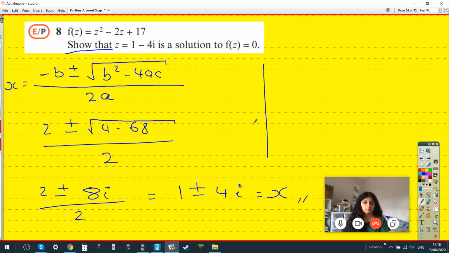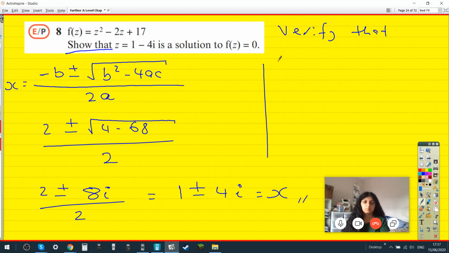There's something about this question that's a bit ambiguous that I do not like. Show that z is equal to 1 minus 4i as a solution. You've done it. We've got full marks. If they had said verify that, that's when you'd substitute it in.